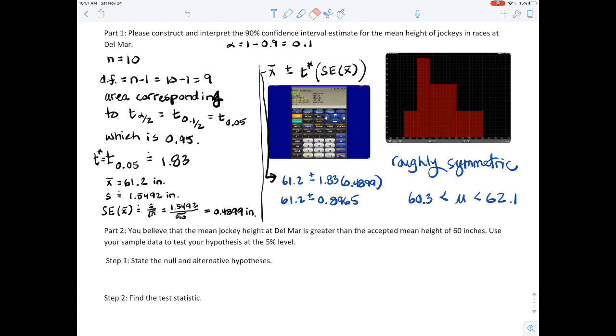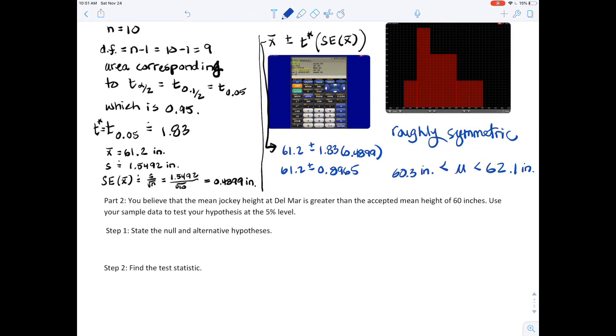And we should put our units, shouldn't we? So 60.3 inches is less than mu is less than 62.1 inches. Groovy? All right, so this is our result for our confidence interval estimate. So these are the likely values for the heights of the jockeys.